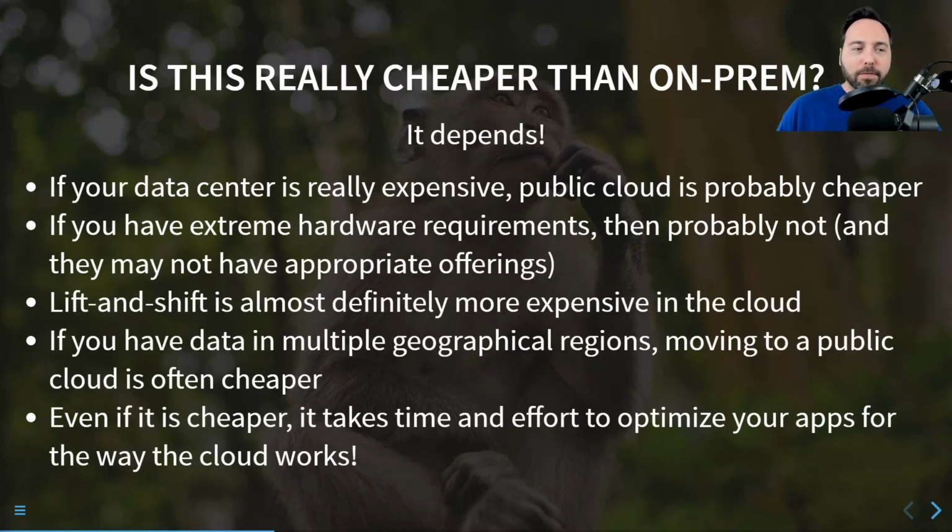So for example, if you're running entirely on all-flash arrays, you need extreme storage requirements, or direct attached NVMe for everything. You have hundreds of CPU cores. Maybe you have like a 256 CPU core box, and you've got dozens of these boxes, and they're all running direct attached NVMe.